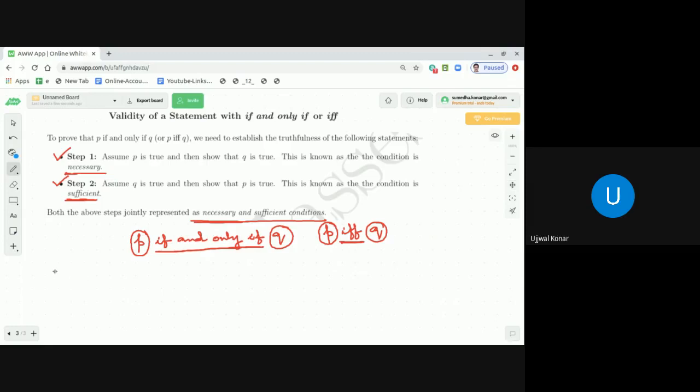Let me take two statements. P: the triangle ABC is equilateral, and the other statement Q: the triangle ABC is equiangular.